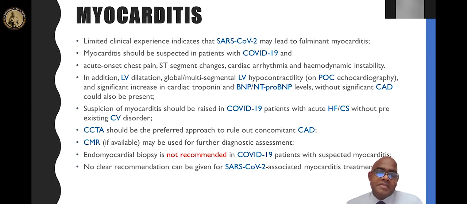We could do a few investigations like 2D echocardiogram to see the ejection fraction and LV dilatation. We could do investigations like BNP levels and troponins to further guide the risk stratification as we discussed previously.